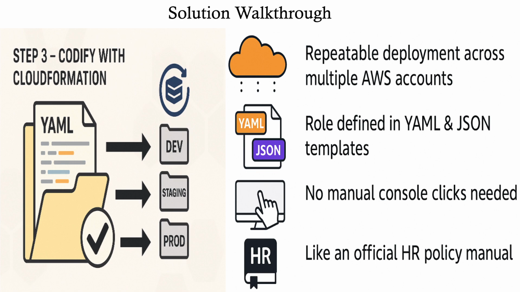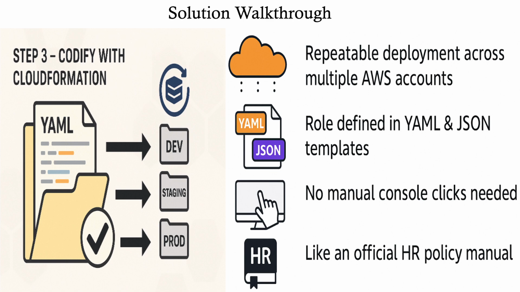Step 3 is codification. FinWorks doesn't want manual console clicks in every account: dev, staging, and production. So we define this role in CloudFormation using YAML or JSON. The template sets the role name, the trust policy that allows only CloudUser, and attaches administrator access.